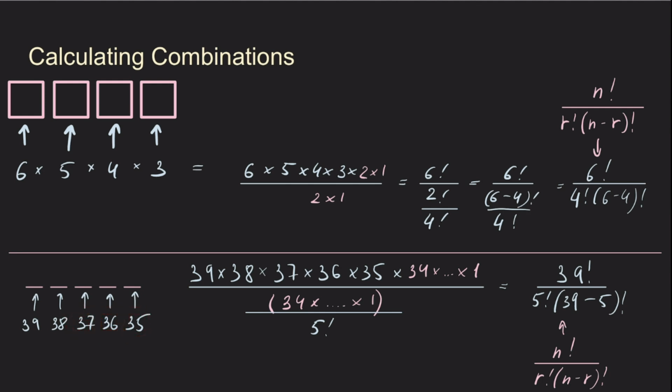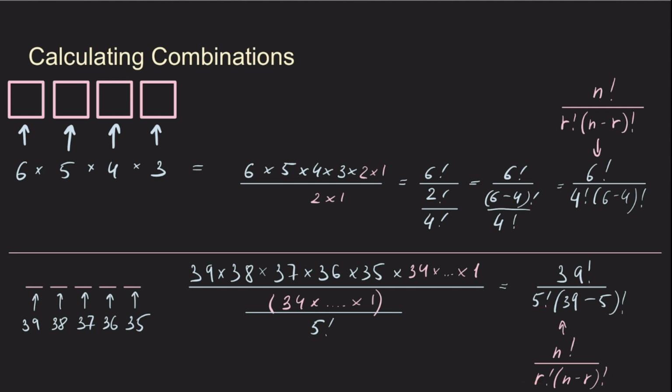So we get 39 times 38 times 37 times 36 times 35. And we know that it is the same as 39 factorial divided by 39 minus 5 factorial, as we calculated the permutations. But since we said that the order doesn't matter, we also divide by the number of ways these 5 numbers can be arranged in 5 spots, which is 5 factorial.